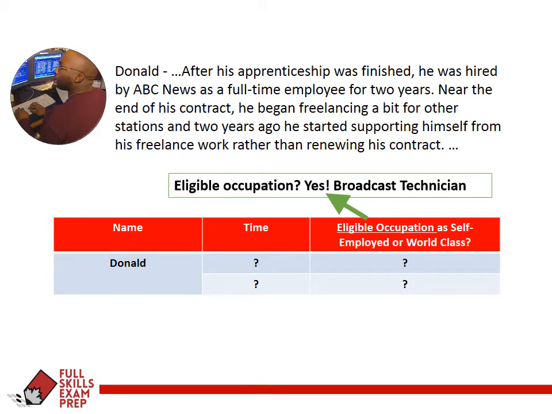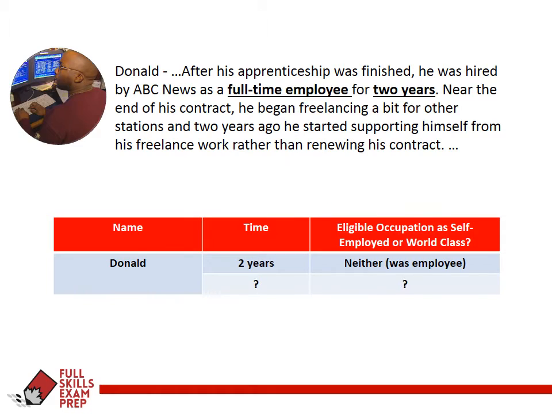So then we move on into the next part of this, which is seeing the amount of time and the role that he played in this as well. So we can see that he was hired as a full-time employee for 2 years. So even though it is an eligible occupation, he wasn't self-employed in this, and it wasn't at a world-class level as well.